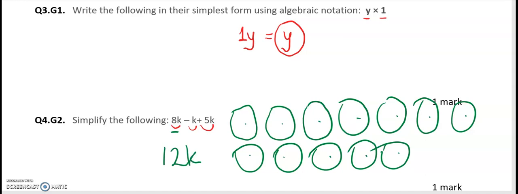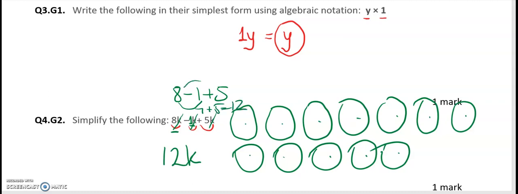This could have been answered by ignoring the k's as well, because all 3 of them have k's after the numbers. And since this is minus k, it means minus 1 lot of k. So we can treat it as if it was 8 minus 1 plus 5. 8 minus 1 is 7, plus 5 is 12.